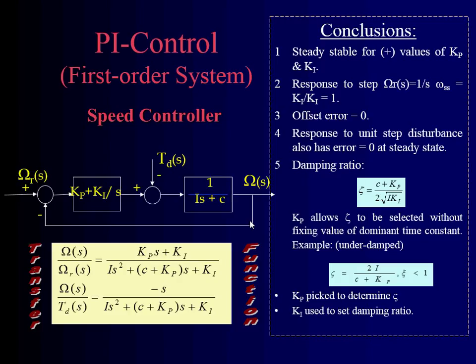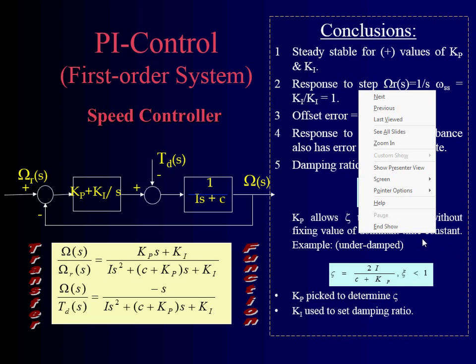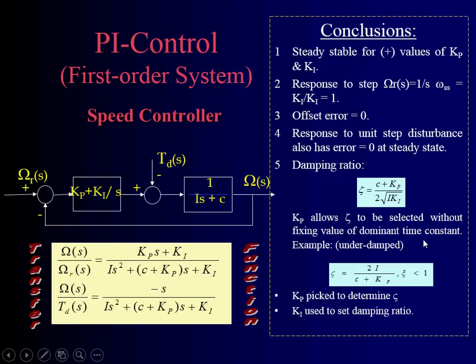Response to the step input equals to make a steady state. Offset error 0. Response to unit step disturbance also has 0 error. Kp allows the damping ratio to be selected without fixing values of the dominant time constant.